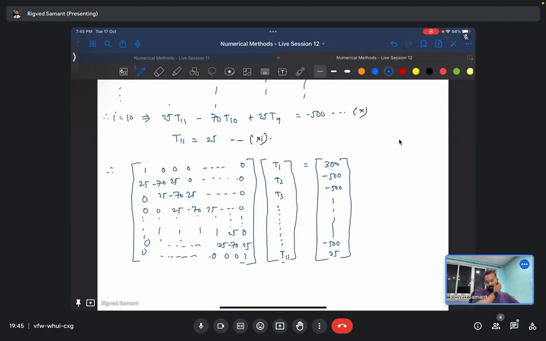Okay. So this is again the AX is equal to B format. So what is the nature of A? We had seen this in the first module, I guess, right? Can anybody guess?